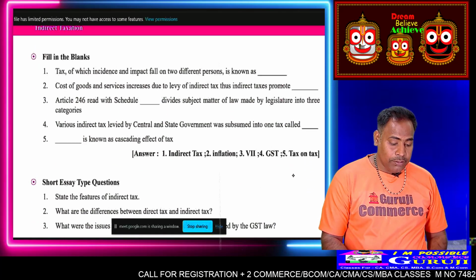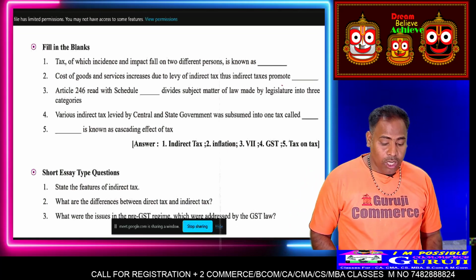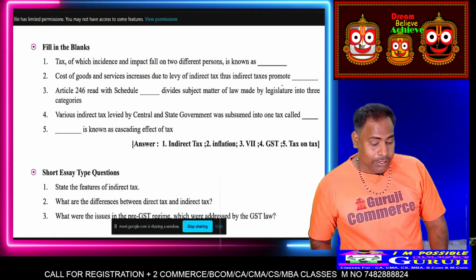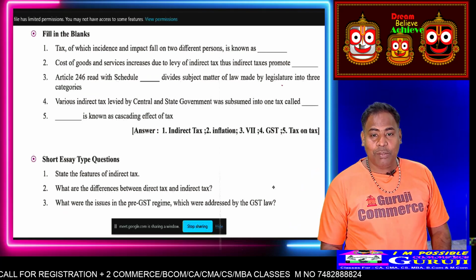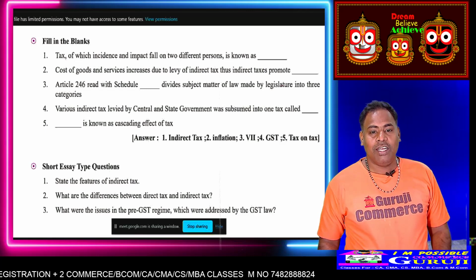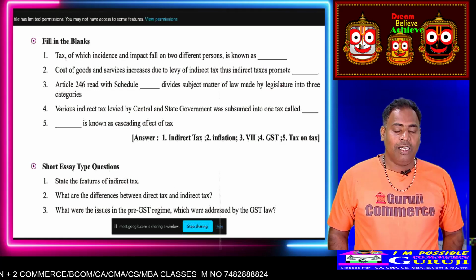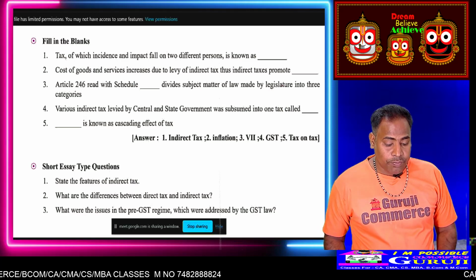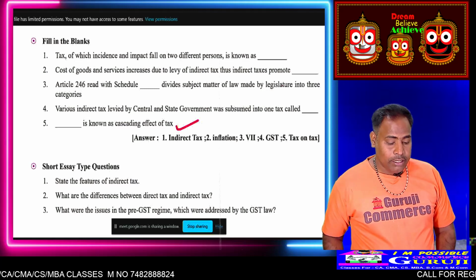Fill in the blanks. Tax on which incidence and impact fall on two different persons is known as indirect tax.